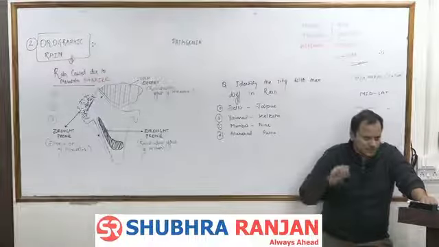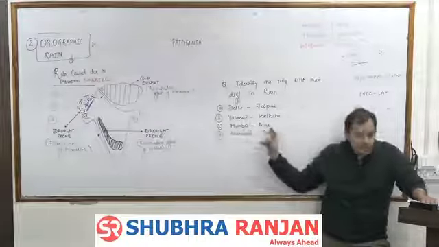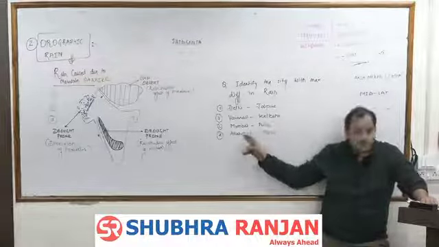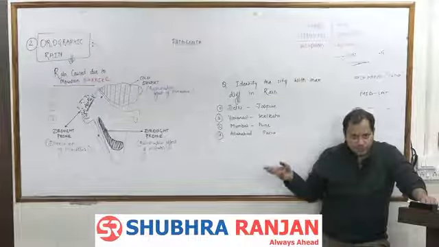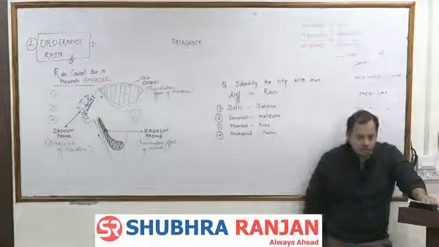Varanasi gets 100 centimeters. Mumbai and Pune have a difference of 200 centimeters. Allahabad and Patna have the same amount of rainfall. So just always look at the geographical location.